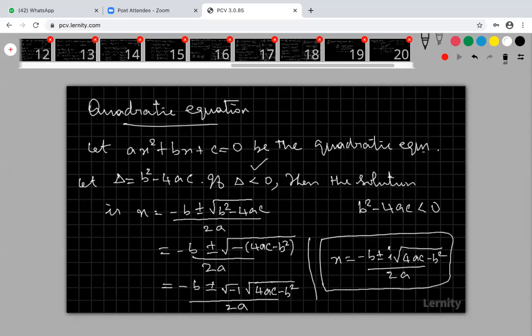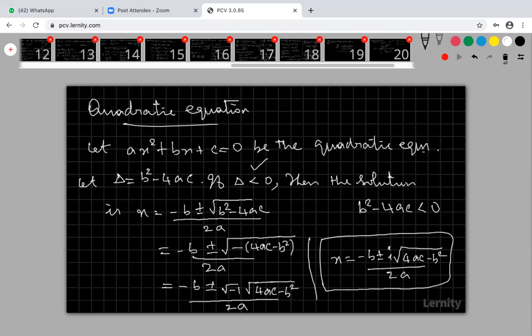If delta is less than 0, look at that, these roots are complex numbers. Please try to understand. Both the roots are complex numbers. Therefore the solutions of the given quadratic equation are complex numbers.